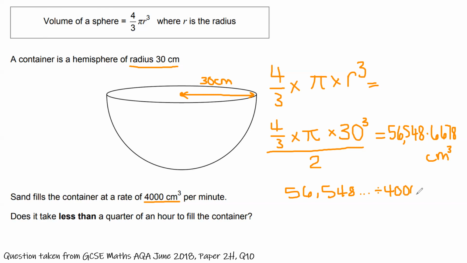And that's going to tell us how many minutes it takes to fill this hemisphere container. If you pop it into your calculator, you'll end up with 14.14 minutes. Now, the question that we have been asked is, does it take less than a quarter of an hour to fill the container?